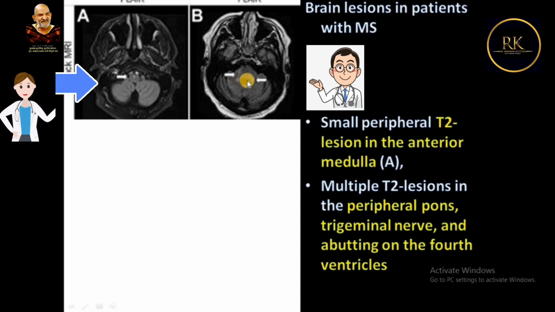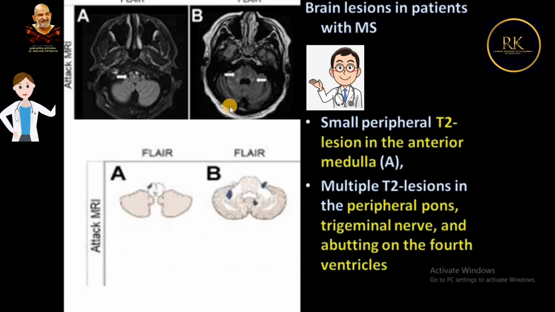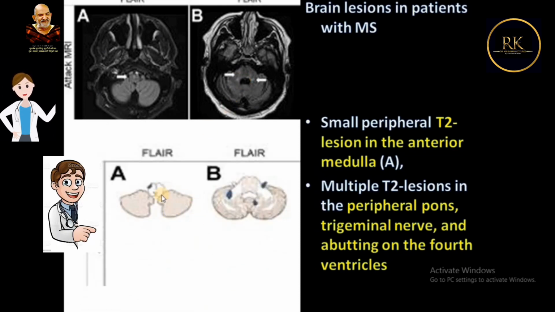This figure further explains the brain lesions in patients with MS. This is the lesion in the anterior medulla, and these are the lesions in the peripheral pons, trigeminal nerves, and adjacent to the fourth ventricle.